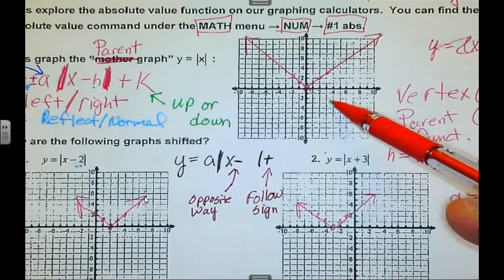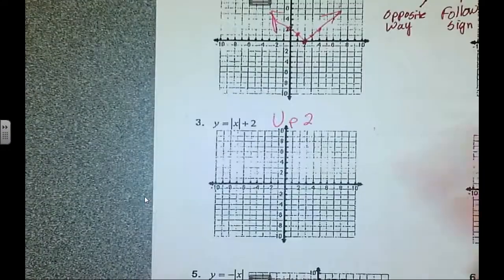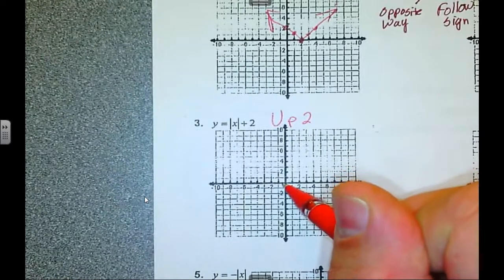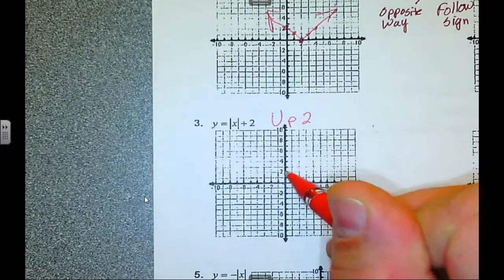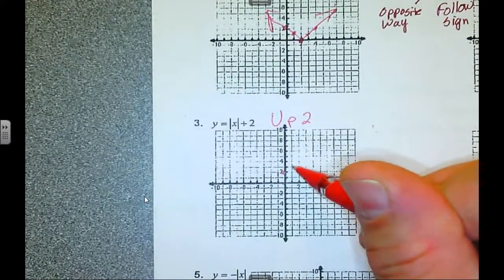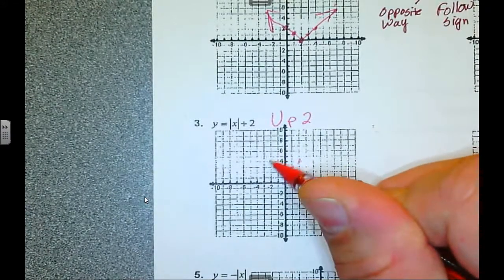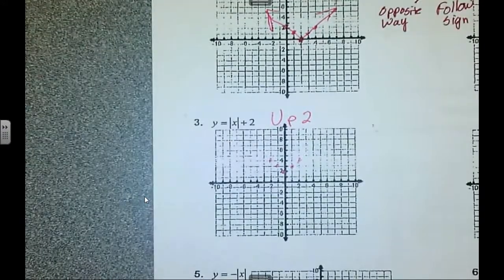All I have to do is move every point up 2. My parent function starts at 0, 0, so I'll just go up 2. And then my slope is 1: up 1 over 1, up 1 over 1, up 1 over 1. Sometimes it's easier to do this without a calculator.